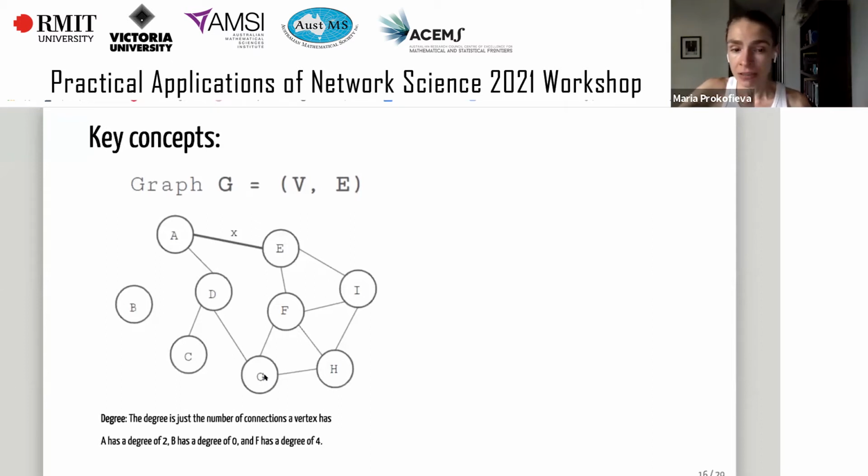Connected to G, connected to H, connected to I, connected to E, not really connected to D. So 1, 2, 3, 4, a degree of 4, right? We'll talk about that later when we talk about degree centrality.